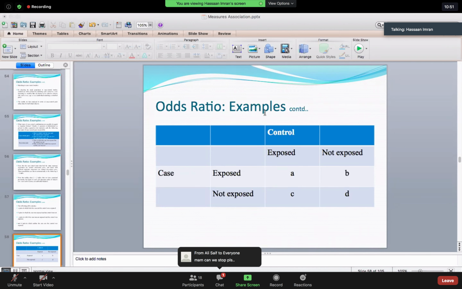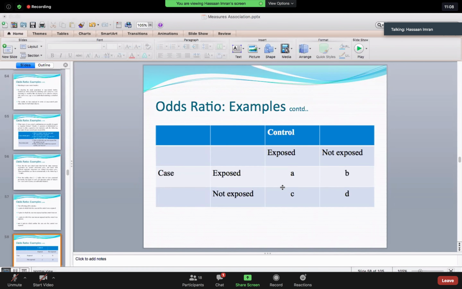But it is very very tedious, it takes a lot of effort. So that's why generally people go for simple case control studies, and they don't really bother a lot to go into that matching and all that.